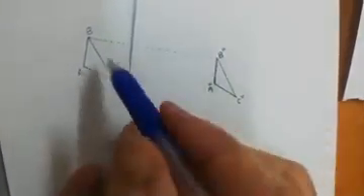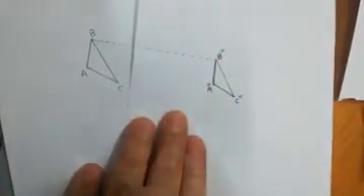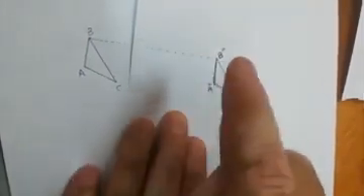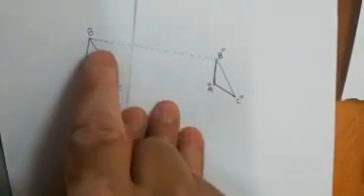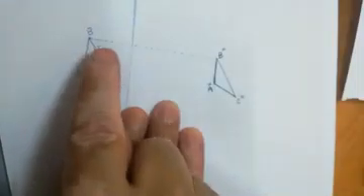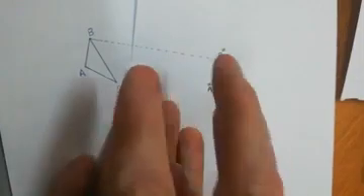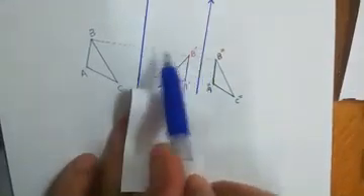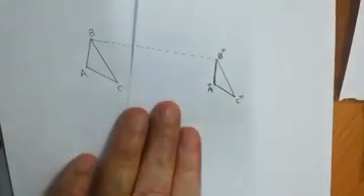So I can get a translation from two reflections across two parallel lines, and the translation will be along a vector which is perpendicular to the two parallel lines, and the distance for this translation is double or twice the distance between the two parallel lines. Okay, this is the first thing. So this is a theorem.